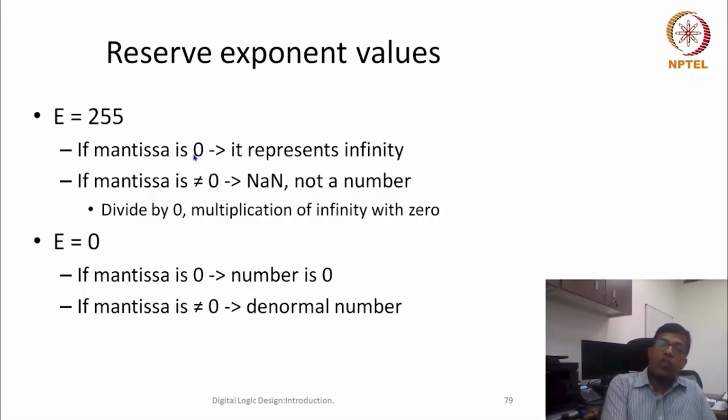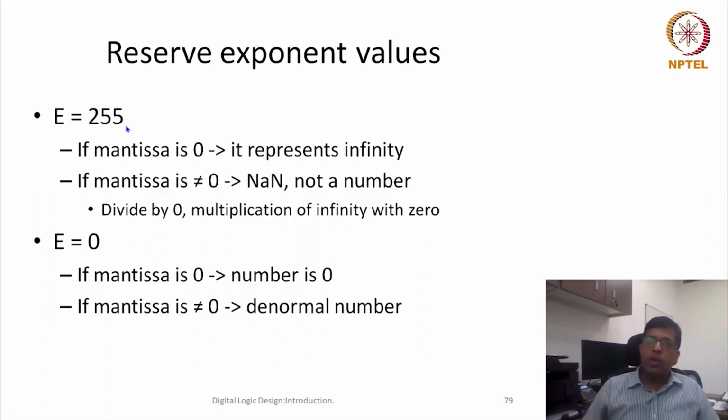So in these cases of undefined, we have a special representation where the mantissa will be not equal to 0 and my exponent is equal to 255. So this represents a special scenario which means not a number. And in this not a number, there is also one more special category which is called signaling NaN and non-signaling NaN.